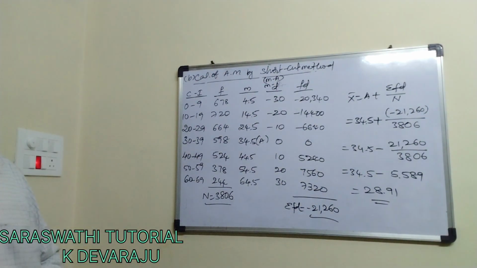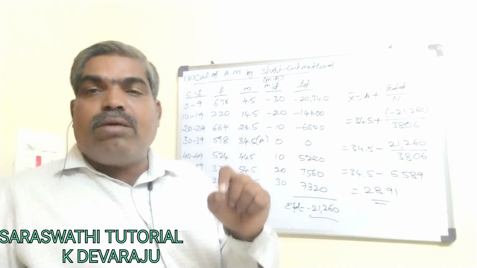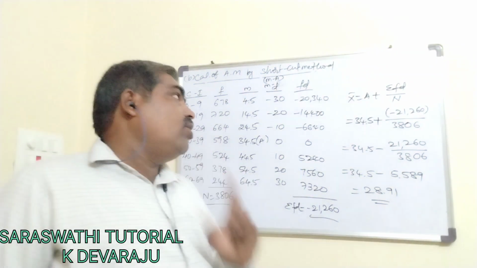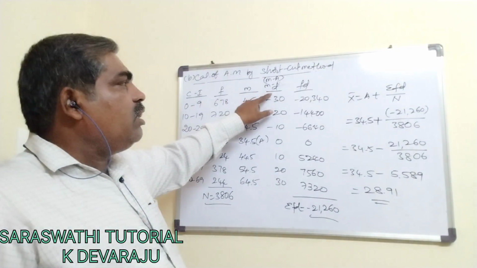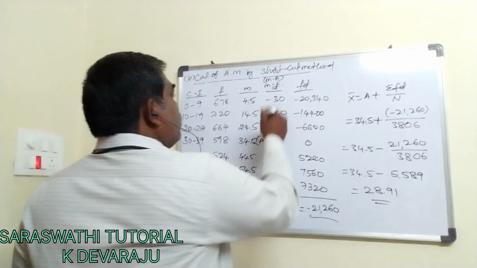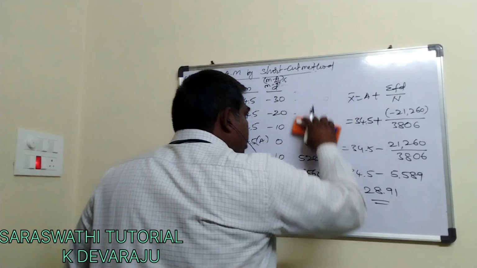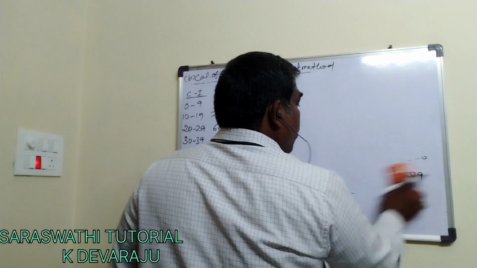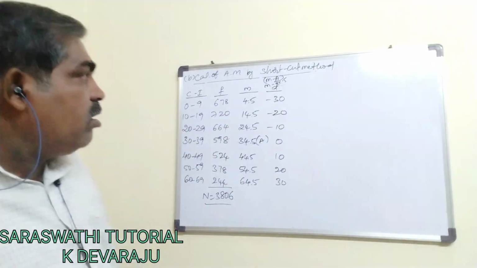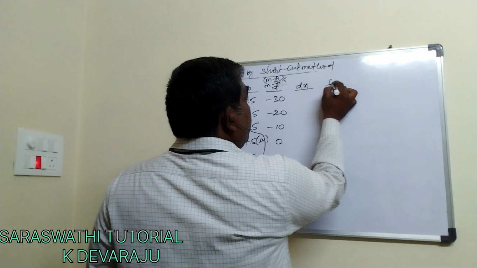Under the step deviation method, the formula is x bar equals A plus summation FDx by N into C. Class interval, frequency, mid values and D are the same. Now remove this FD. We keep the columns as they are, and add Dx and FDx.